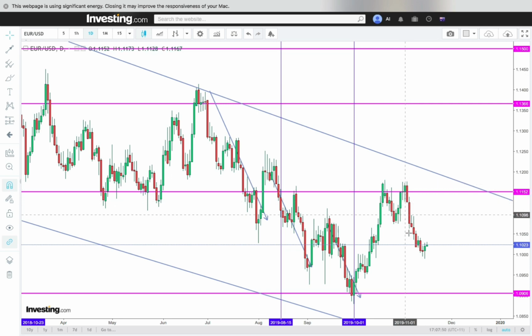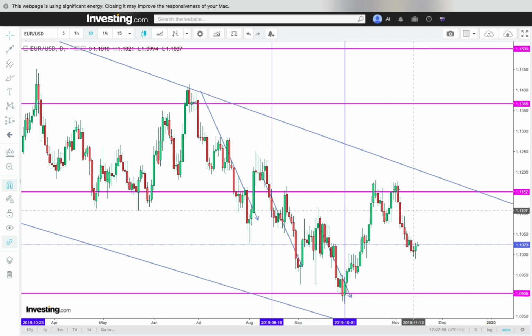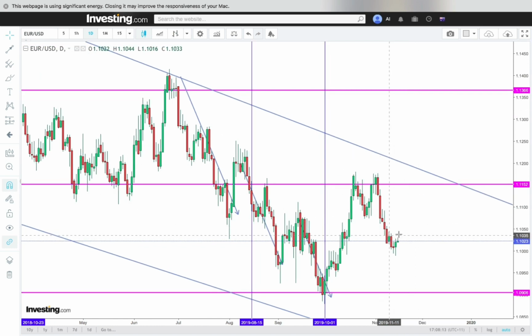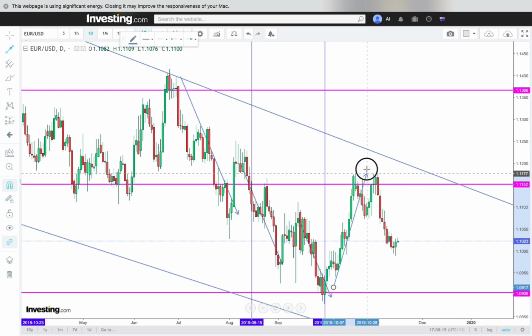Now 90% of traders, when they see this kind of behavior, they think, okay, market actually resumed to go downtrend. Yeah, but only for this amount. Okay, and why do I say that? It's because before market goes one direction, in this case upwards, from this direction to this direction, I change the color to red.